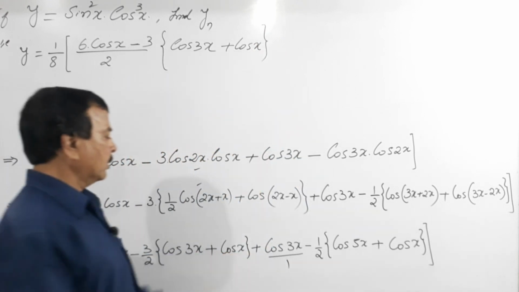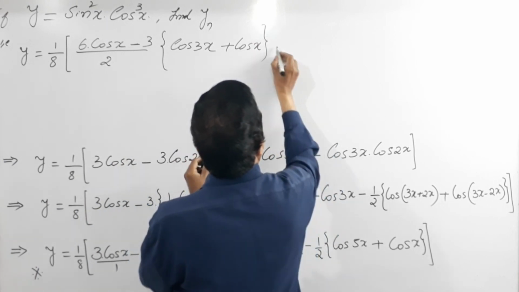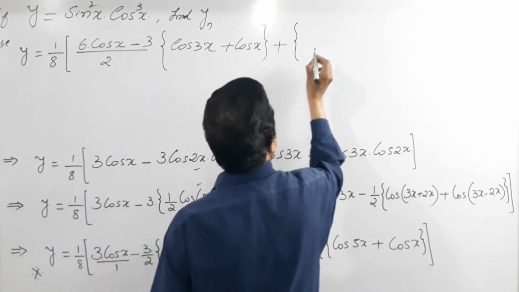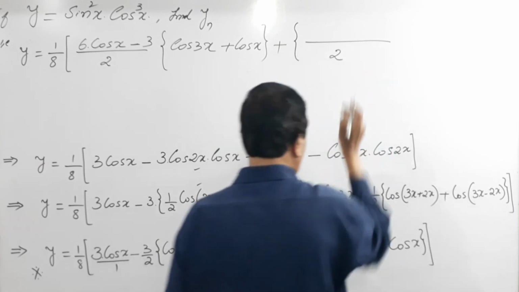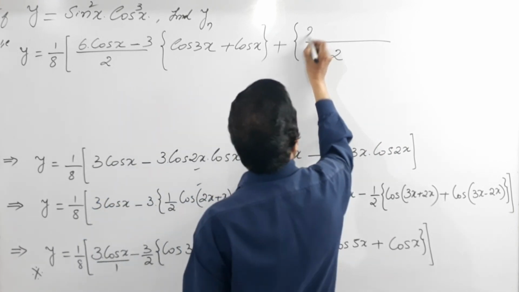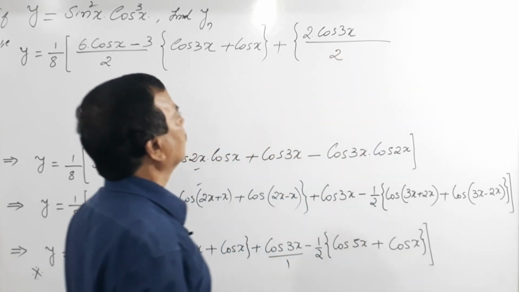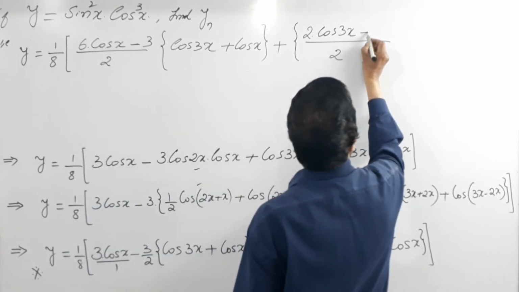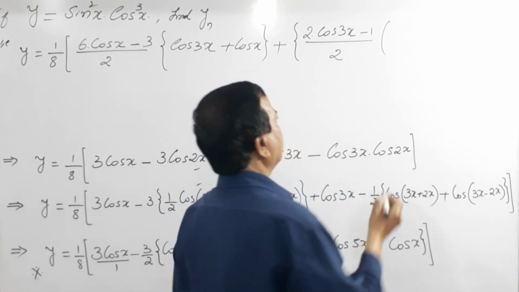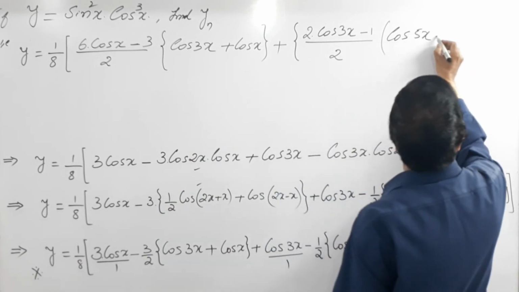Done. Now plus cos x here again, plus 2 is LCM. 1 goes 2 times, 2 into this becomes 2 cos 3x, minus 1 into this becomes cos 5x plus cos x.